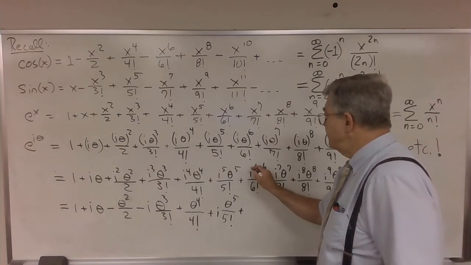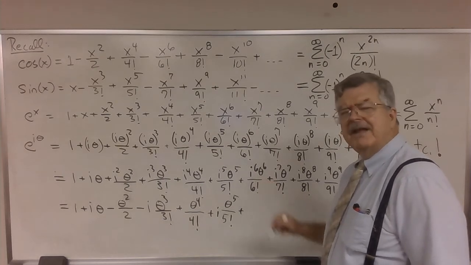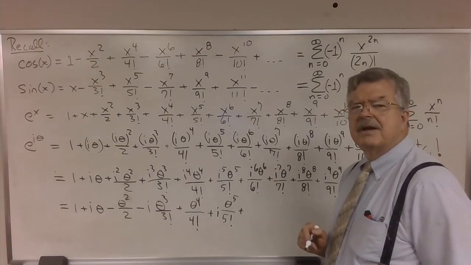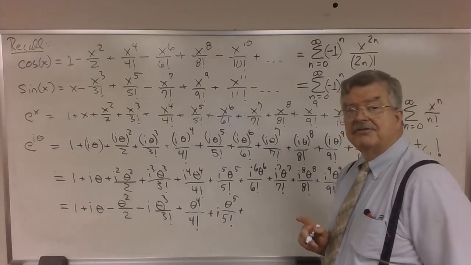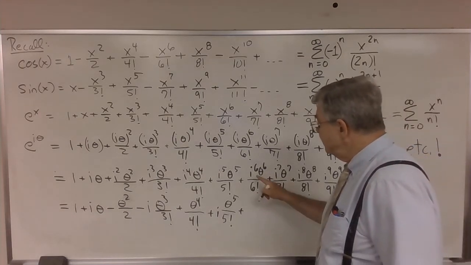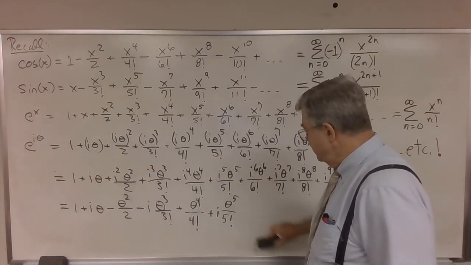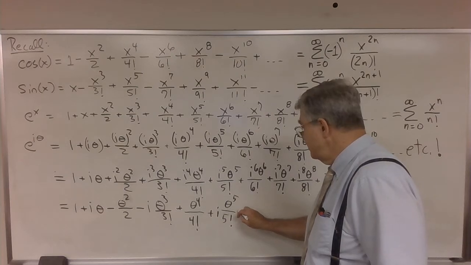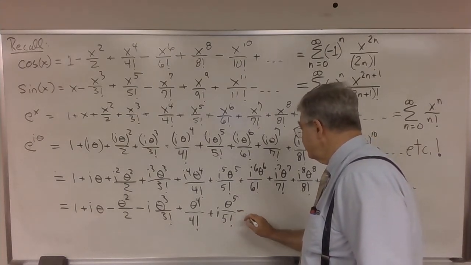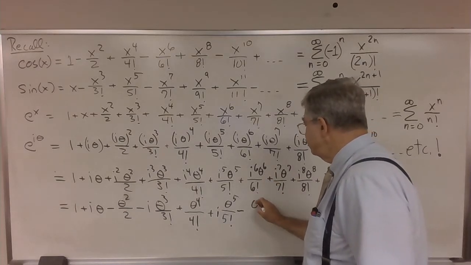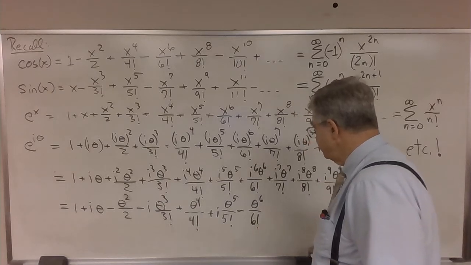And then here we have i to the 6th. But i to the 6th is i to the 4th times i squared. i to the 4th is 1, and i squared is -1. So this is just 1 times -1. And that will give us -1. So we have theta to the 6th over 6 factorial.